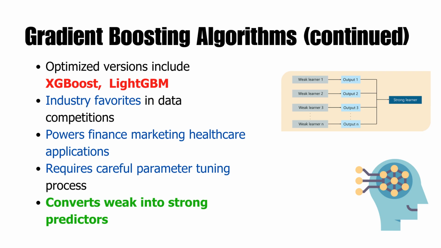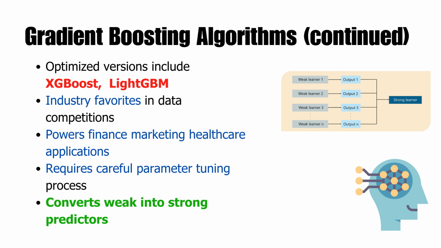Over time, more optimized versions like XGBoost, LightGBM, and CatBoost have emerged. XGBoost introduces regularization and parallelism to boost the speed and precision. LightGBM uses histogram-based algorithms to cope with massive data seamlessly. And CatBoost deals with categorical features automatically to reduce pre-processing.